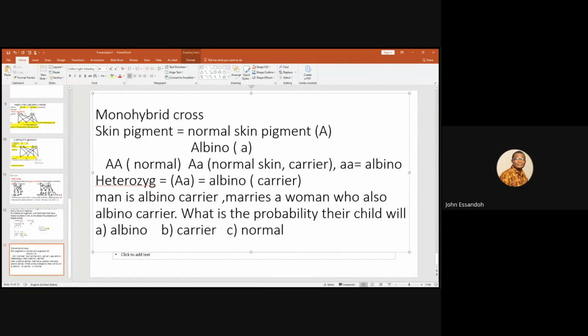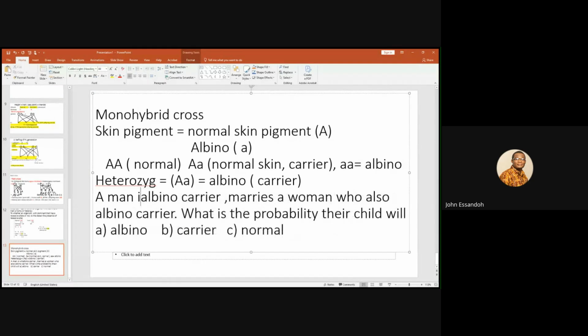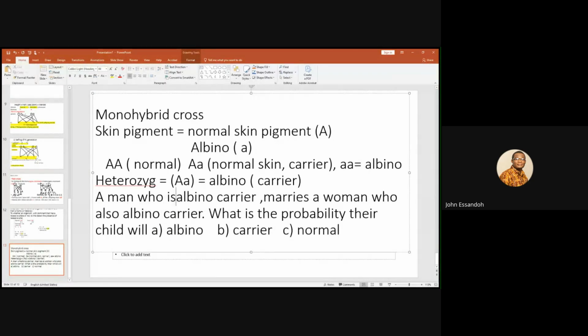Okay, everybody, please, all hands on deck. This is the question on the board. A man who is an albino carrier marries a woman who is also an albino carrier. What's the probability that their child will be A, albino, B, carrier, C, normal?